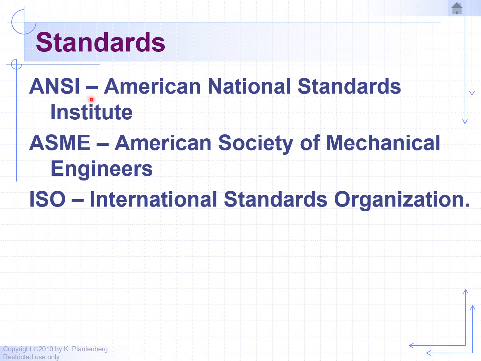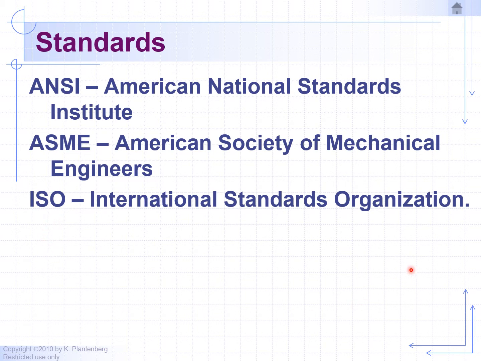So about roughly every 10 years, they'll come up with a new version of their standards. They're constantly updating their standards. And pretty much American standards and international standards. Also a group that I did not list here, we have Japanese standards.